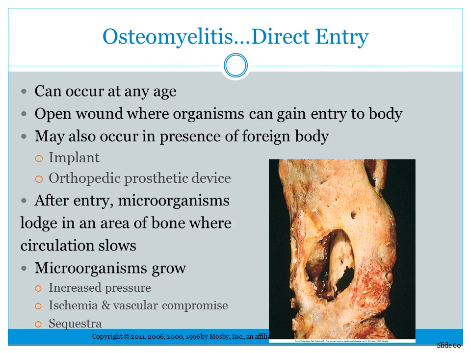Well, after the microorganism enters the body, the organisms lodge in an area of bone, and in this area, the circulation actually starts to slow down, and the microorganisms proliferate and begin to grow. This typically causes an increase in pressure because bone is typically non-expandable, and it results in surrounding ischemia and vascular compromise to that part of the bone.